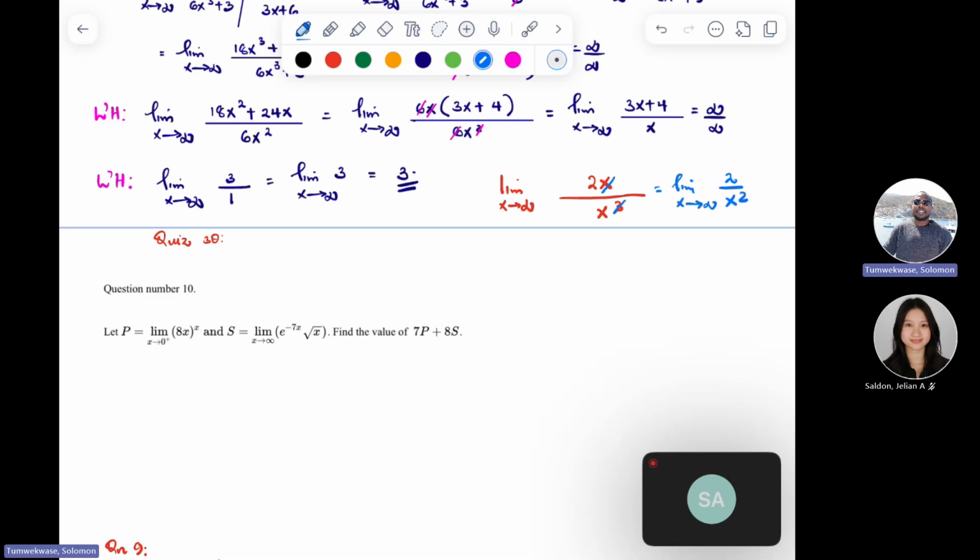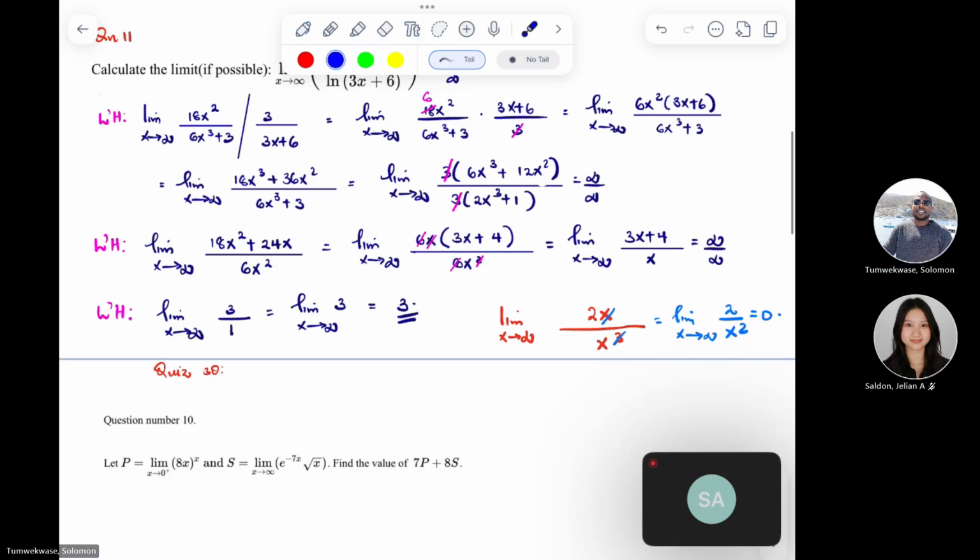Now I no longer have to take L'Hopital's rule, but rather I can take this limit directly and I get a 0. So to answer your question, you continue taking L'Hopital's rule for as long as you still have the indeterminate form and you cannot factorize the function in such a way that the indeterminate form disappears.